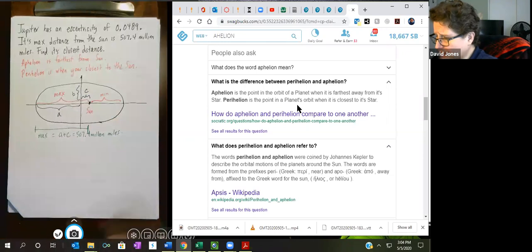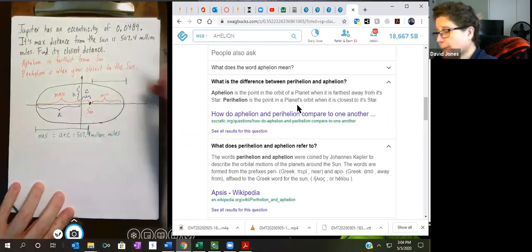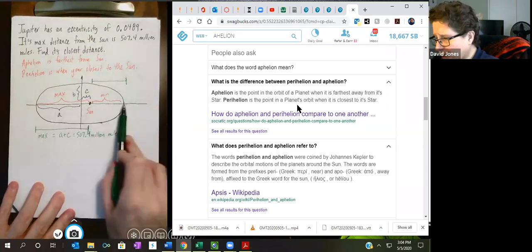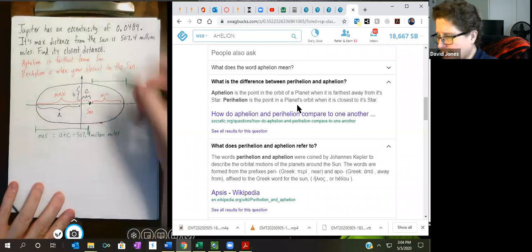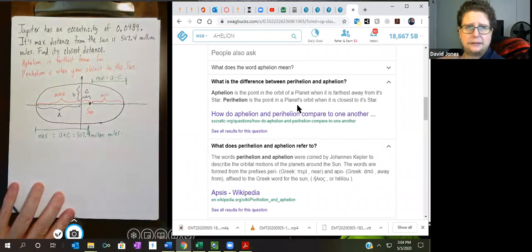What about this distance right here, the minimum? Well, the full length right here is A. We're losing C. The minimum distance is A minus C. Does that make sense?